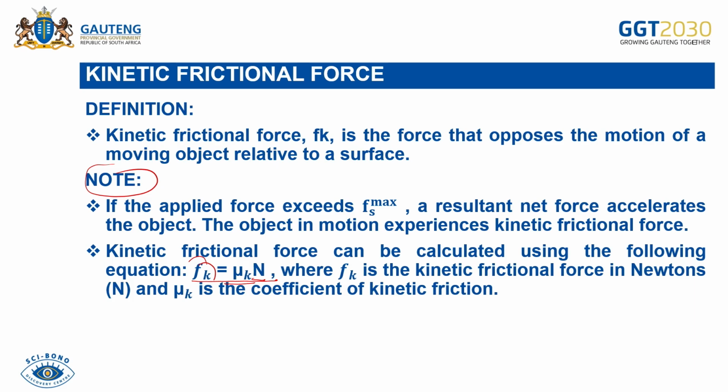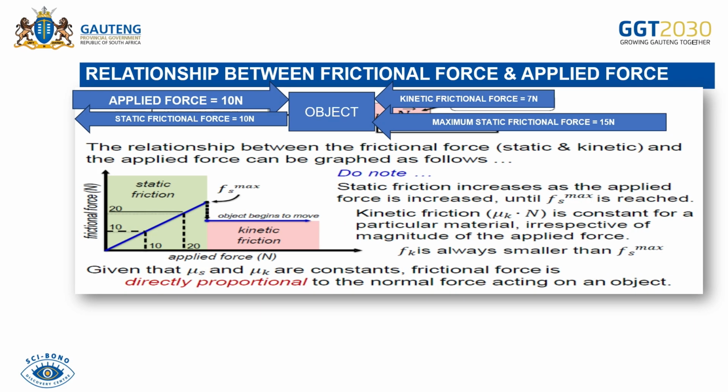That is the maximum static frictional force. Then the kinetic frictional force, that is the force that opposes the motion of a moving object relative to the surface. Then now note the relationship.